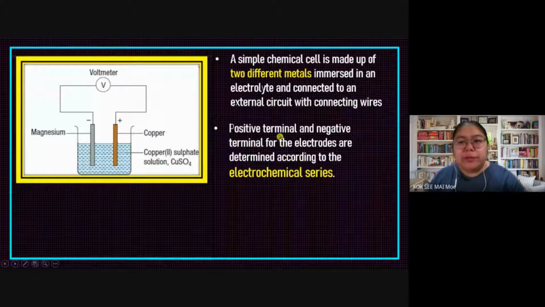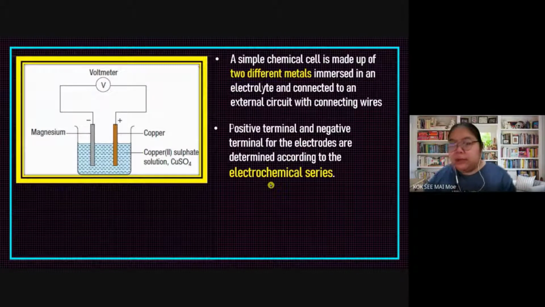Okay, the positive terminal and negative terminal for the electrodes are determined according to the electrochemical series. Still remember this one, the electrochemical series? Yesterday I called you to memorize. It starts from P. P stands for please. Please stop calling me careless zebra.